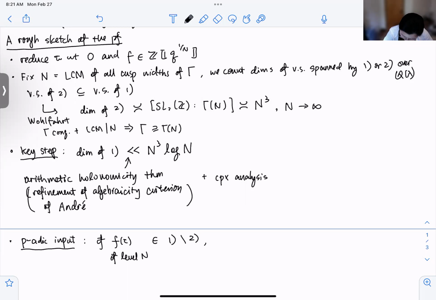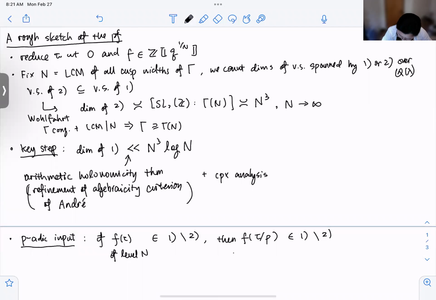And then if we do a change of variable, it doesn't change the Fourier coefficients other than shifting them. This is kind of a Hecke translate, and hence it's also still not congruence. So we have another one. Let me, for simplicity, take p that doesn't divide n.